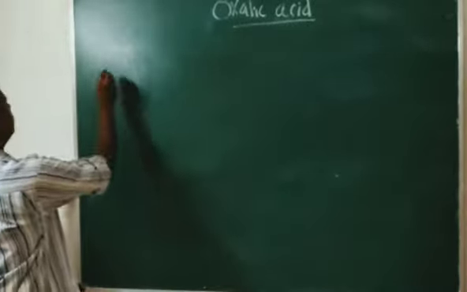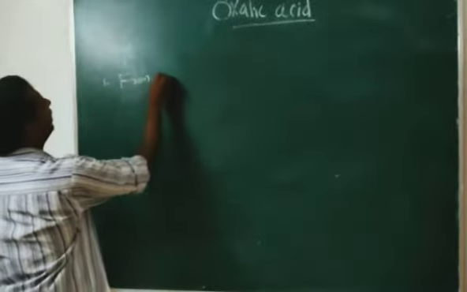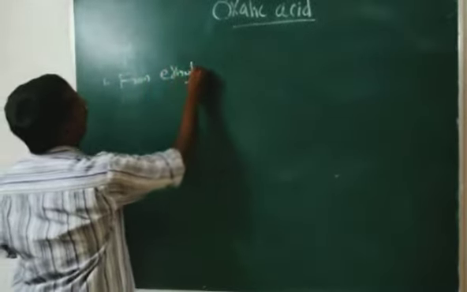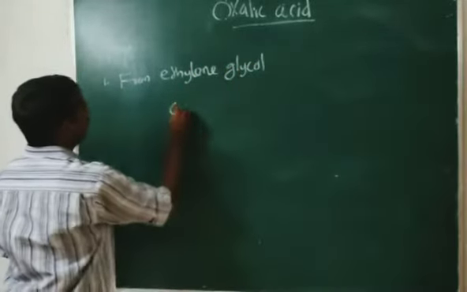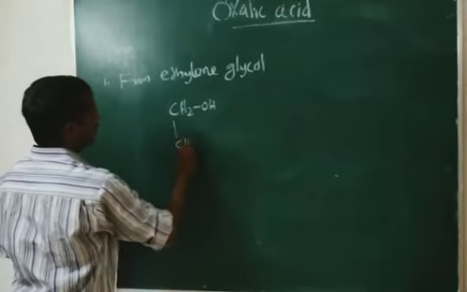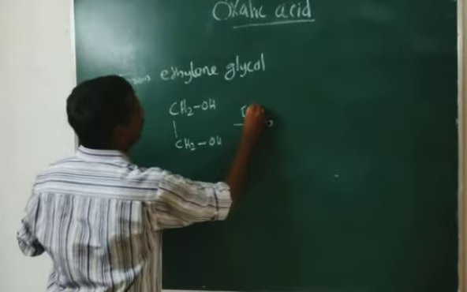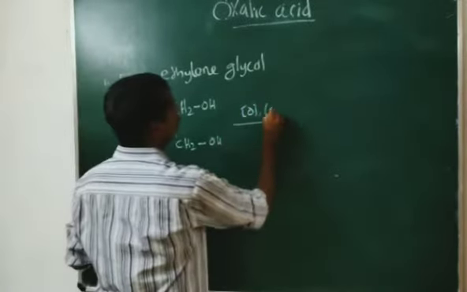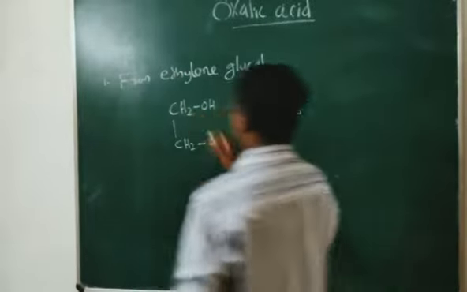First method, from ethylene glycol. Ethylene glycol, CH2OH, CH2OH, on oxidation with concentrated HNO3, we get oxalic acid.